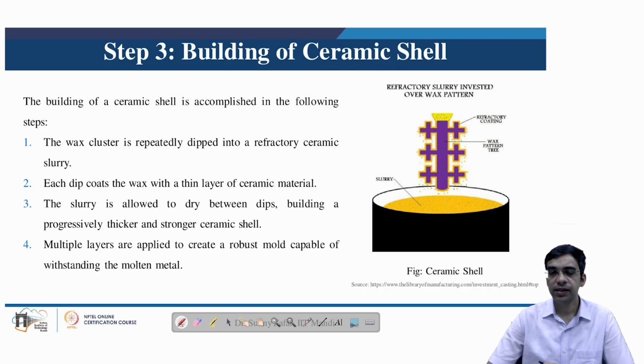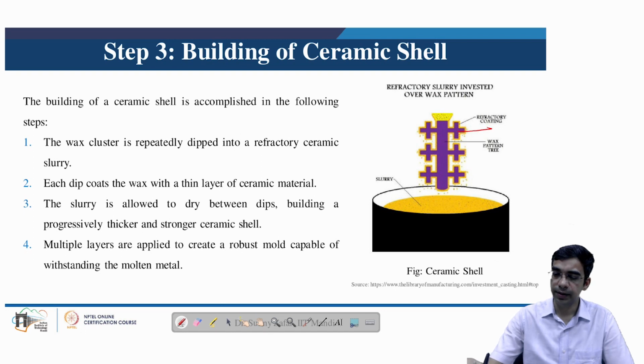Refractory means the ceramic has a high melting point. Each dip into the refractory ceramic slurry deposits a thin layer of ceramic material on the wax pattern, as shown here.